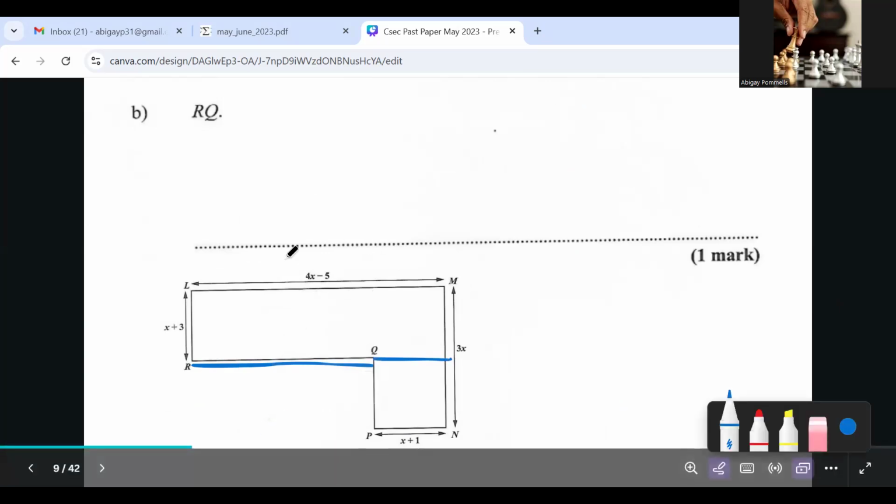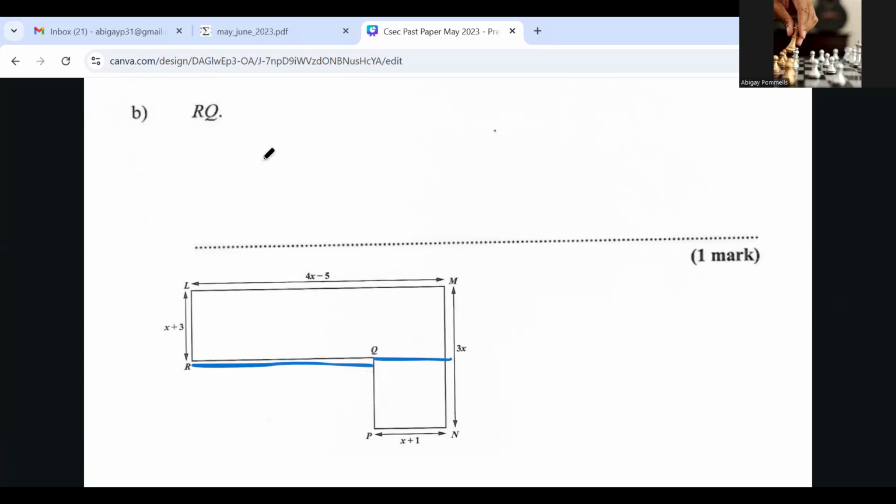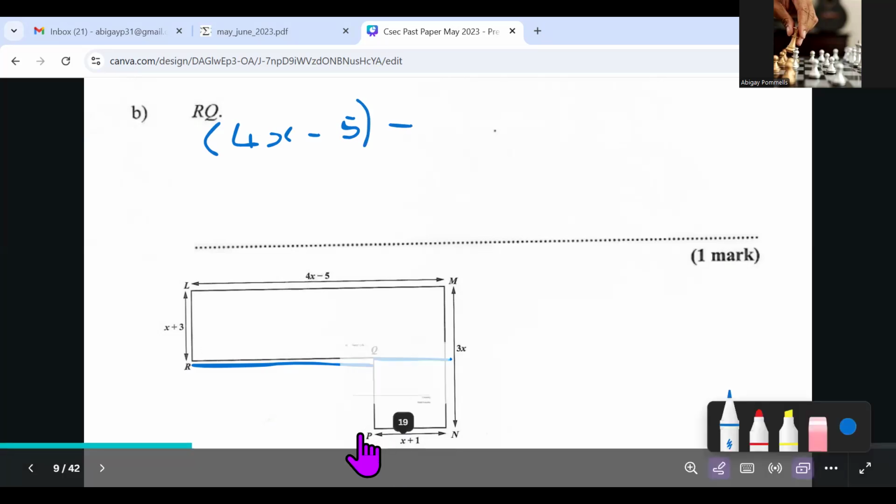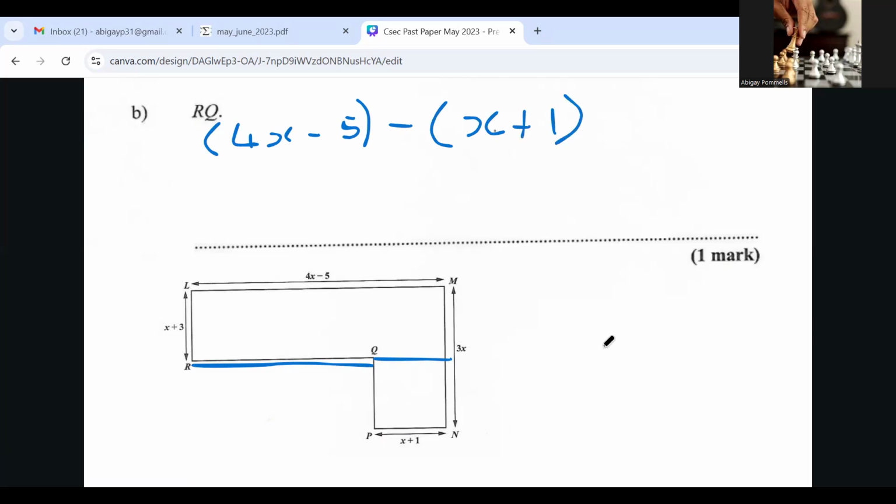So I can say this is 4, so bracket 4x minus 5 subtract. What do we subtract? Oh, we subtract out the PN, which is bracket x plus 1.